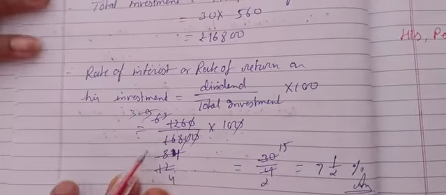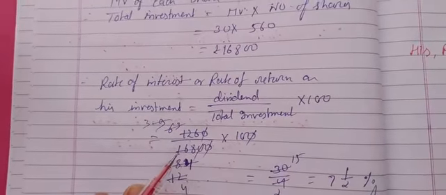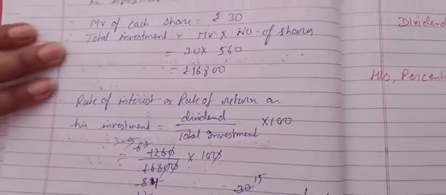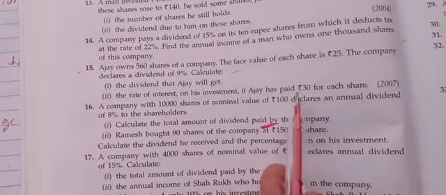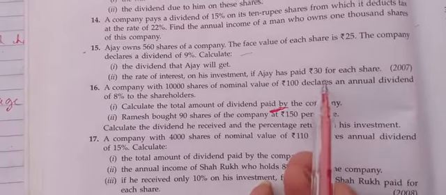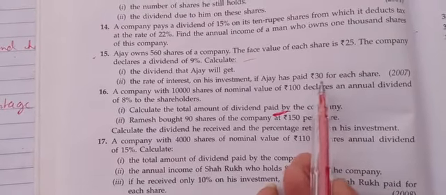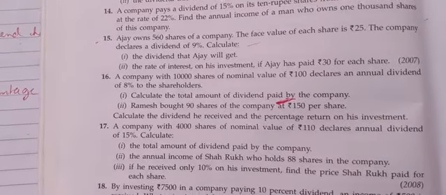So try to understand, in different questions the data is given in twisted form. Here it is not directly written that this is the market value. The line was written in this way: if Ajay has paid rupees 30 for each share, you have to understand this rupees 30 is actually the market value for Ajay, for each share. So in this way we will solve question number 15.